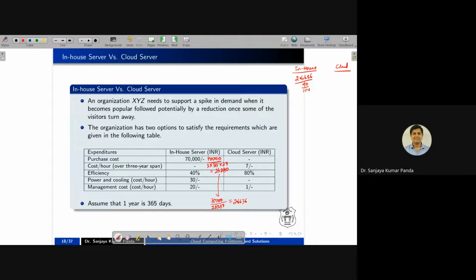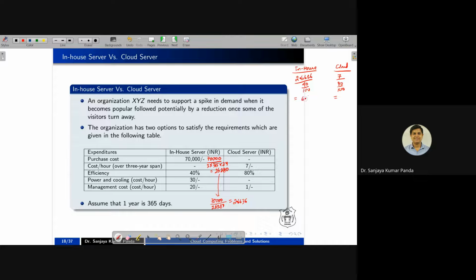But in the cloud case, how much will you get? You are taking 7, so 7 divided by 80%, that is 80 by 100. So how much will you get in the in-house case and the cloud case? Can anybody calculate and tell me? 6.6 for in-house.